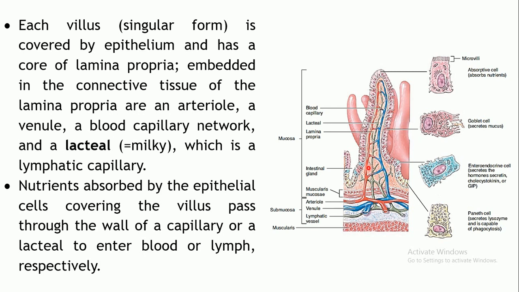So the nutrients which are digested and generated from the food which you consume will be absorbed by these absorptive cells and will move into either the bloodstream or these lacteals. So that's the function of the villi. They will help in digestion and also in the absorption of the nutrients.